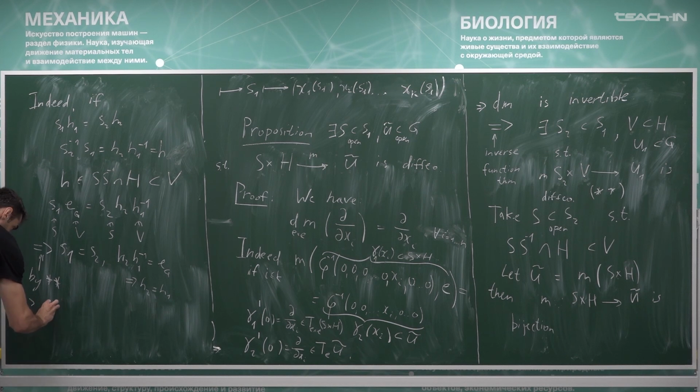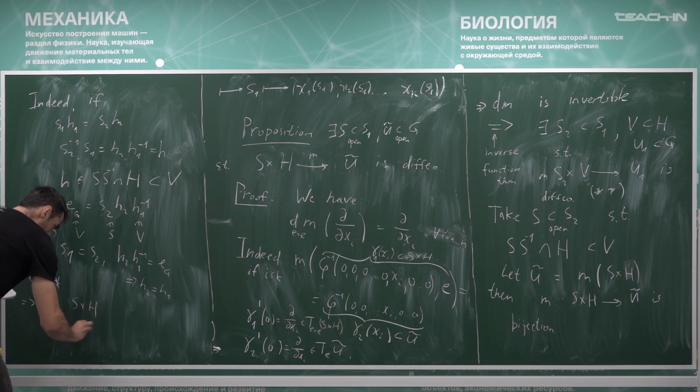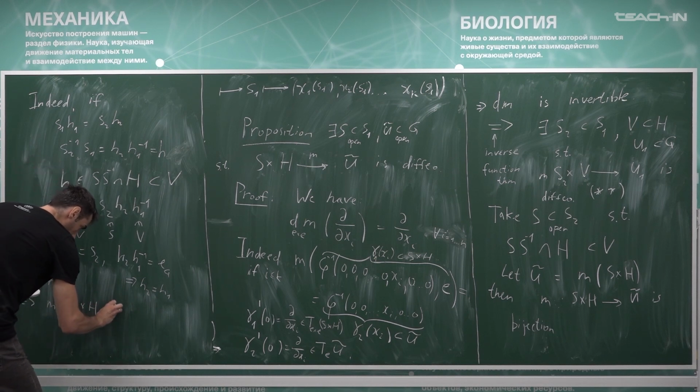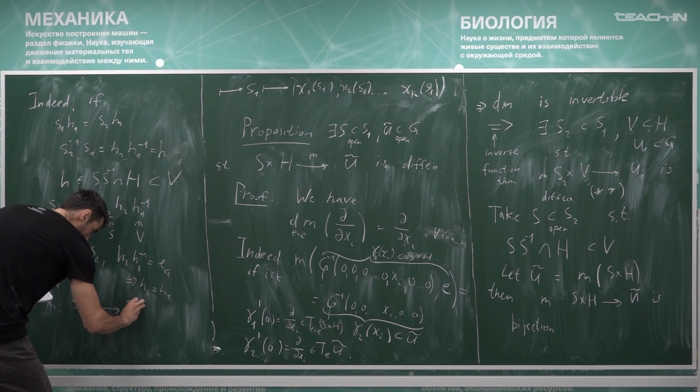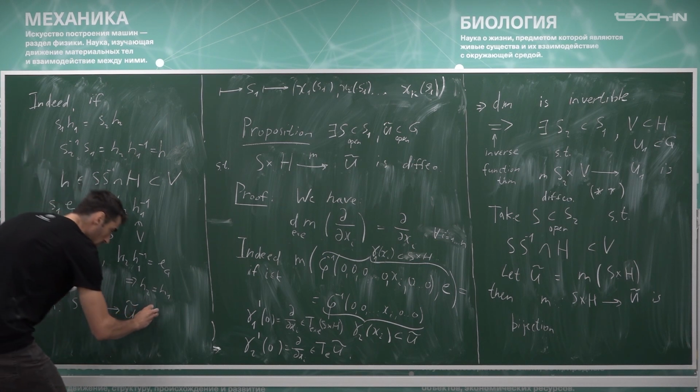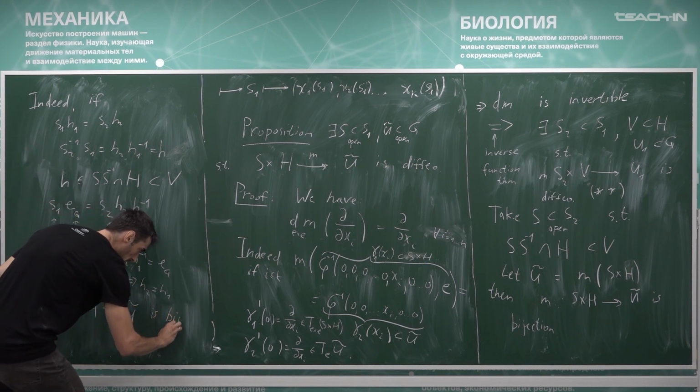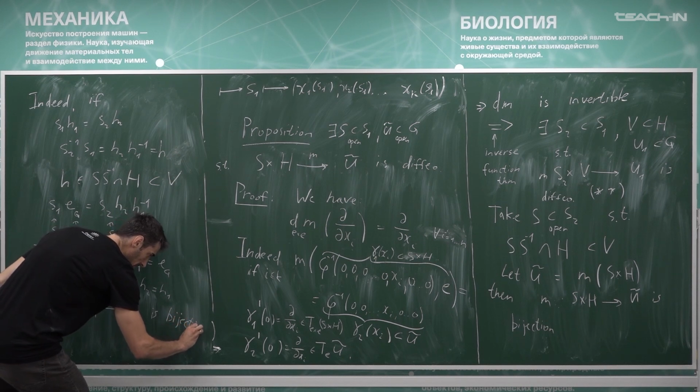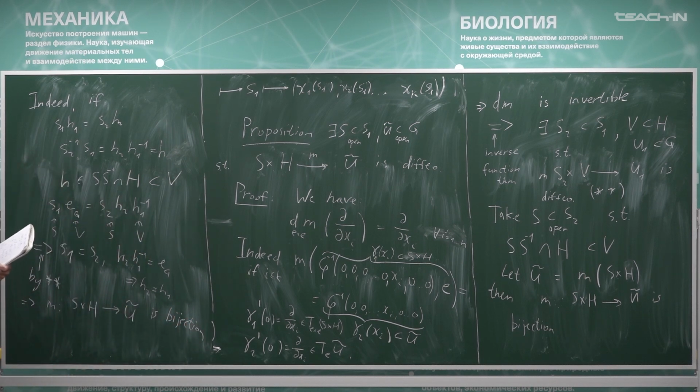Therefore multiplication from this to the image of this is a bijection. And we are done. So we actually proved the proposition. It's a bijection, the differential is invertible, and therefore it's a diffeomorphism.